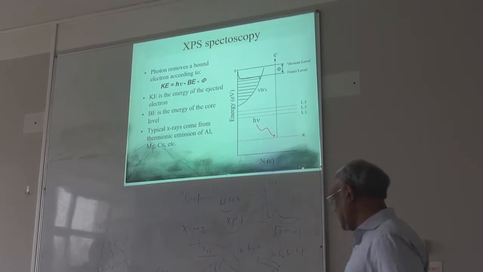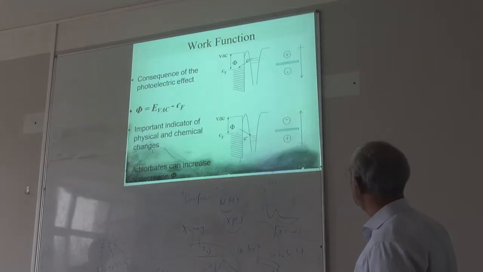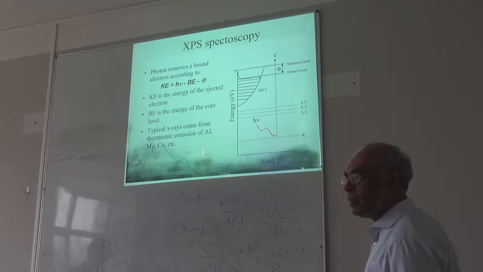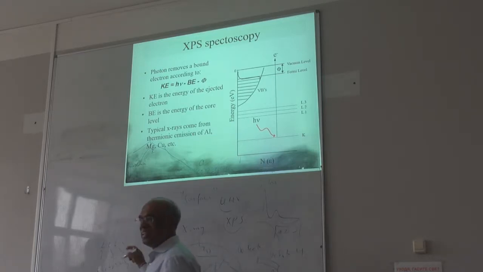That's again what happens here. We can look at the density of state. Everybody familiar with the density of state? This is basically your number of states per unit energy, right?